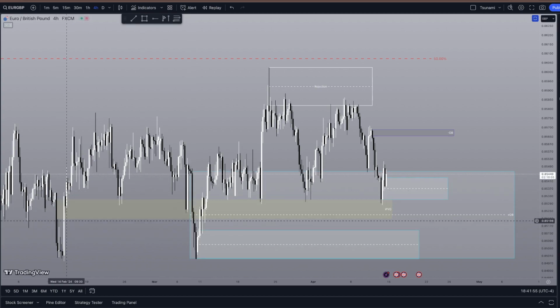And obviously, this fair value gap right here was a displacement that was used. It's also being referenced by the price to not go any lower. So we can see it's building a bullish array here, and we are expecting this bullish array to eventually oversaturate price into this, beyond this.